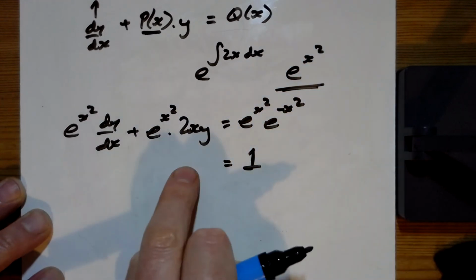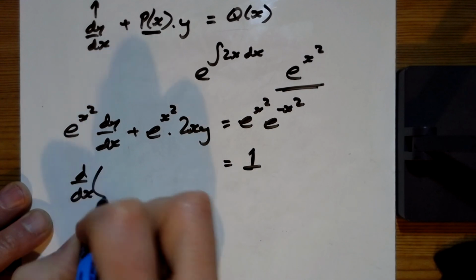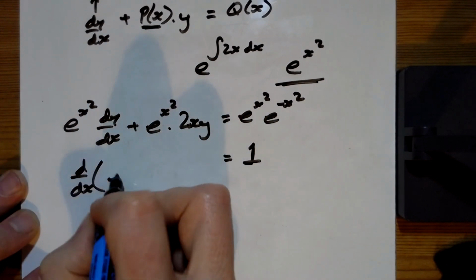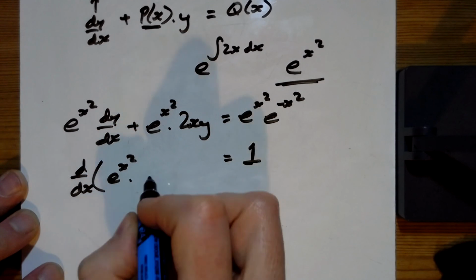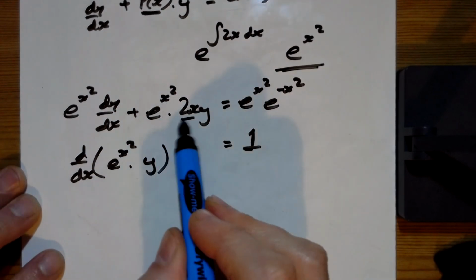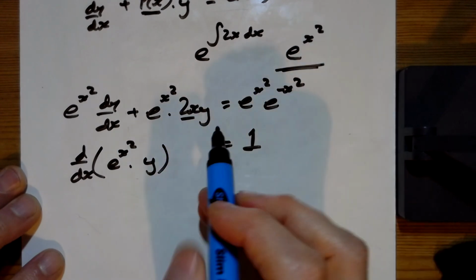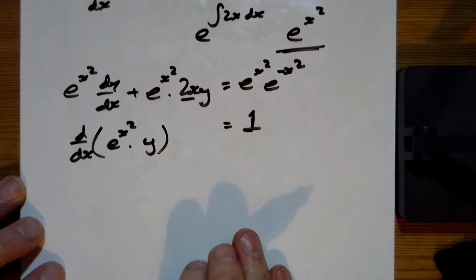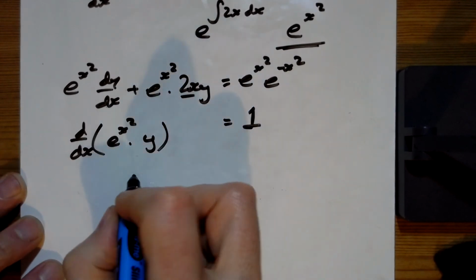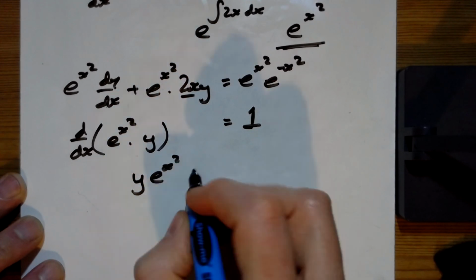And now we can look at this bit here, and this bit is a product rule. This is e to the x squared multiplied by y. The e to the x squared gives this 2x here when we integrate it. That's why we just did that. The y is just going to the dy by dx. So if you integrate both sides with respect to x, here we lose the derivative.